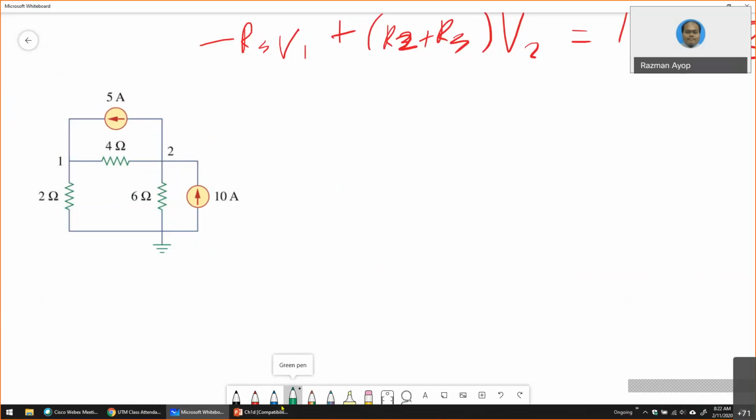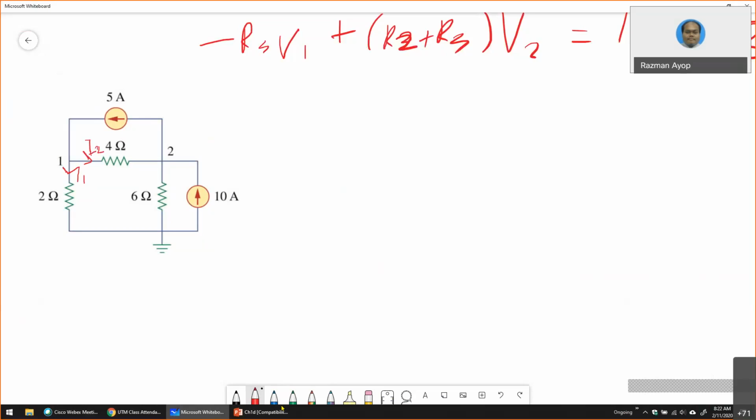So what to do? Assign the current. Remember you assign out, go out. So this is I1. This is I2. And for this case, it's already assigned the direction, so you cannot assign anymore.